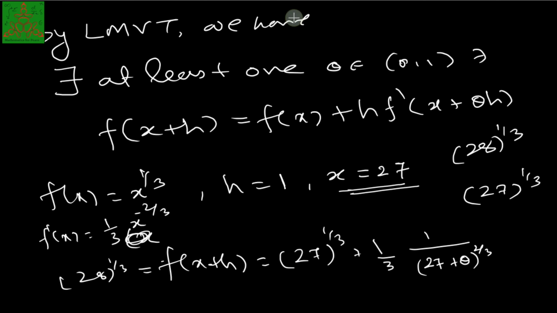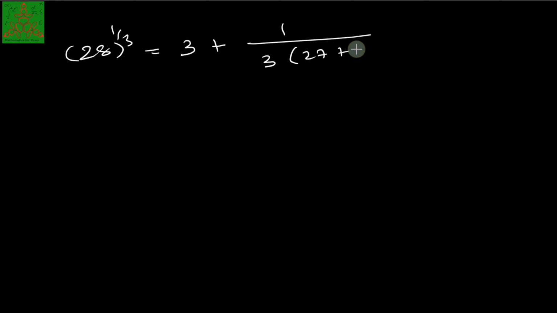So finally what we got is 28 raised to 1 by 3 is equal to 3 plus 1 upon 3 into 27 plus theta raised to 2 by 3, for some theta between 0 and 1.